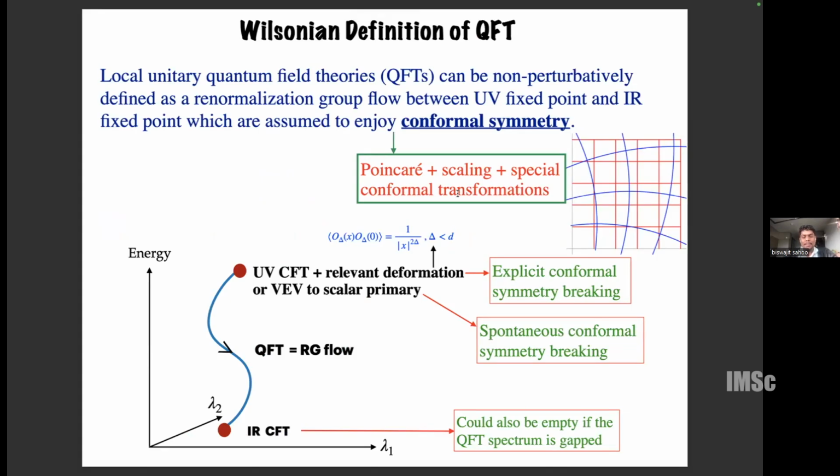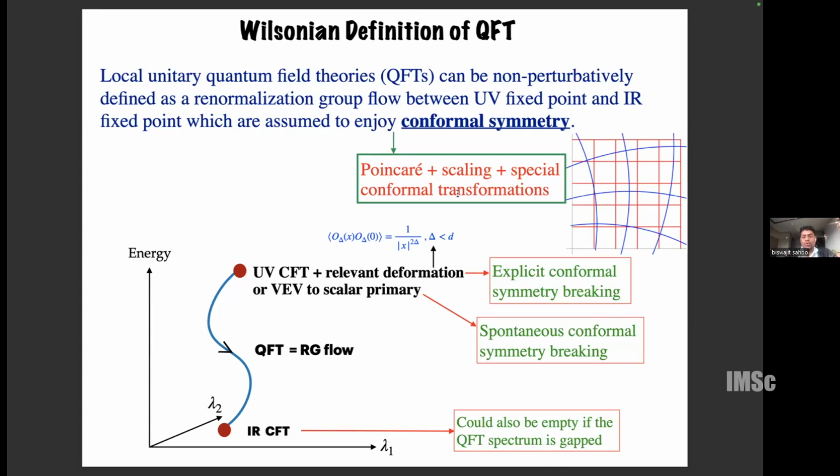I won't describe it, but if you start from a UV CFT and deform by some relevant deformation, which is basically turning on some operator with scaling dimension less than the space-time dimension, you explicitly break the conformal symmetry. Or you can give a vacuum expectation value to some scalar primary, by which you break the conformal symmetry spontaneously.